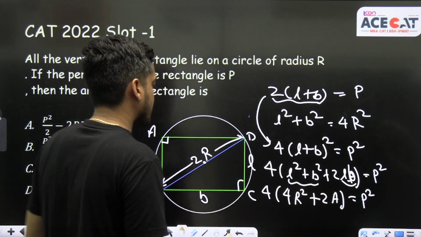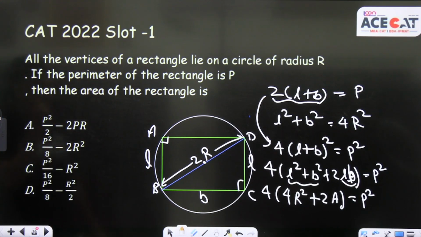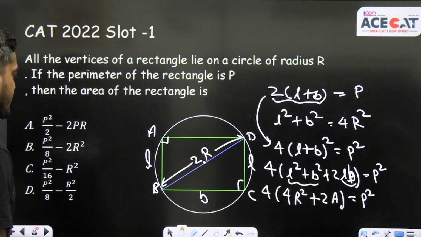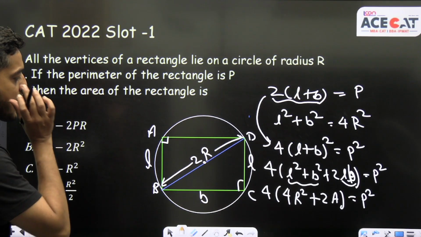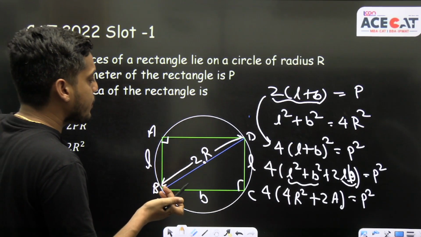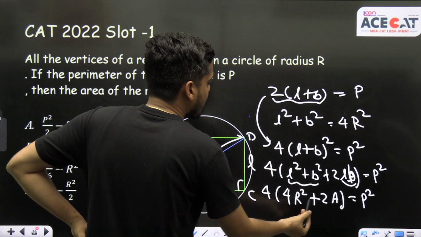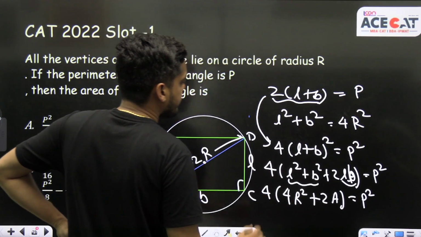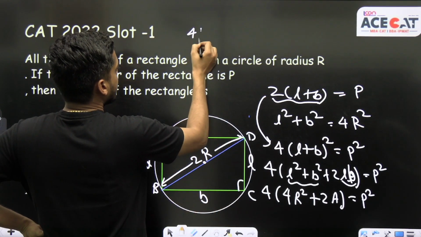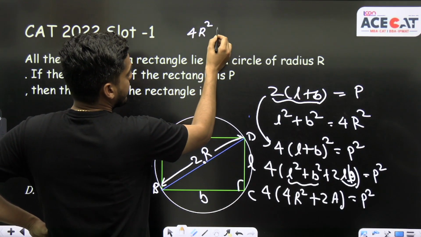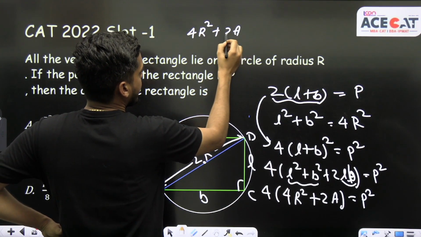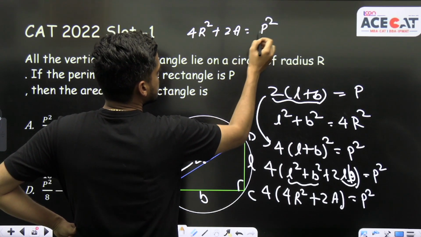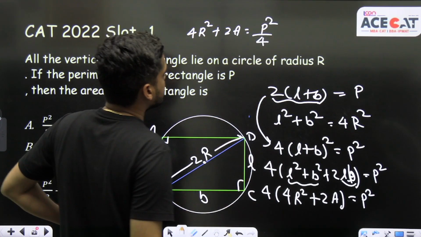Now we can all solve this quite comfortably. We need to find the value of the area. So ultimately 4R square plus twice of A must be equal to P square by 4. Yes or no?